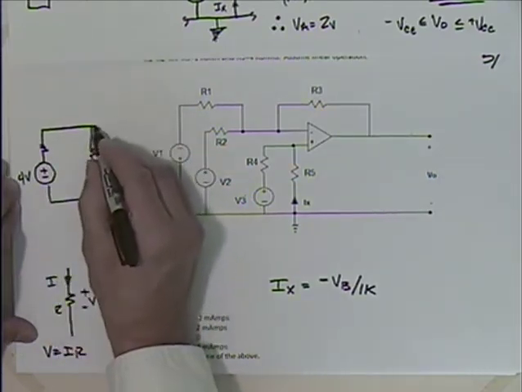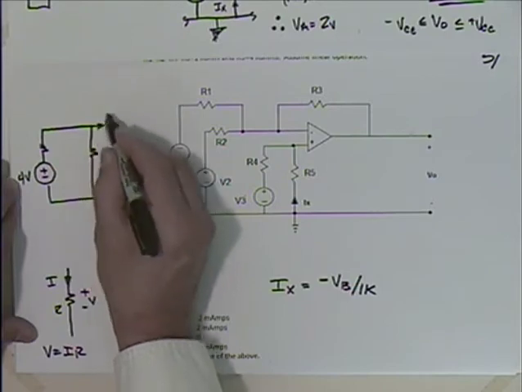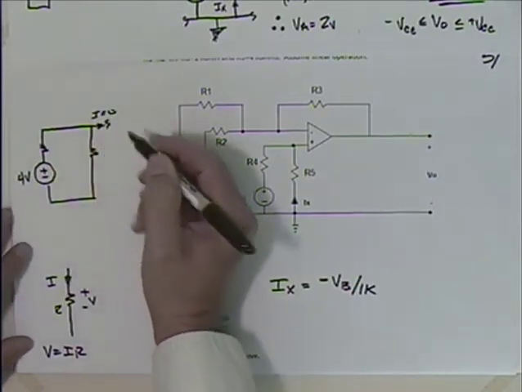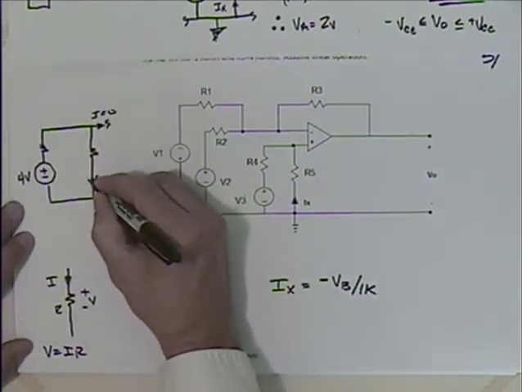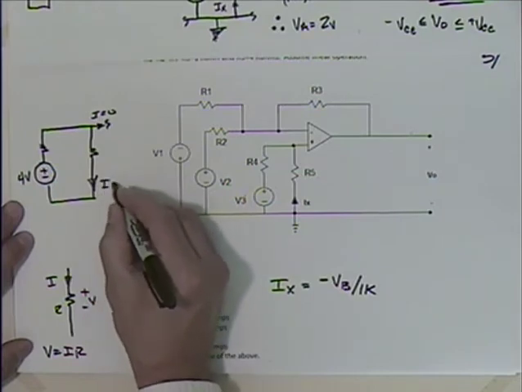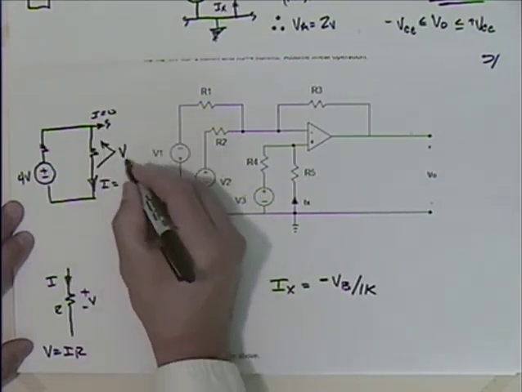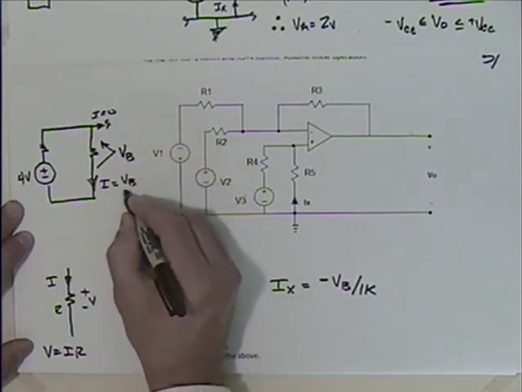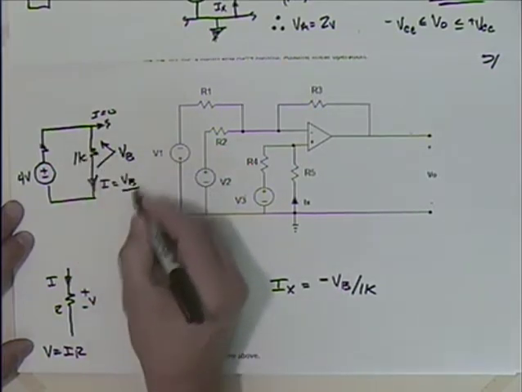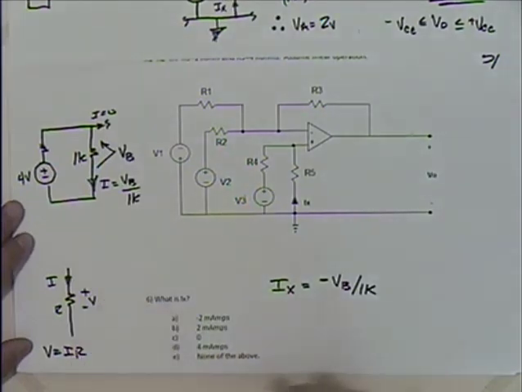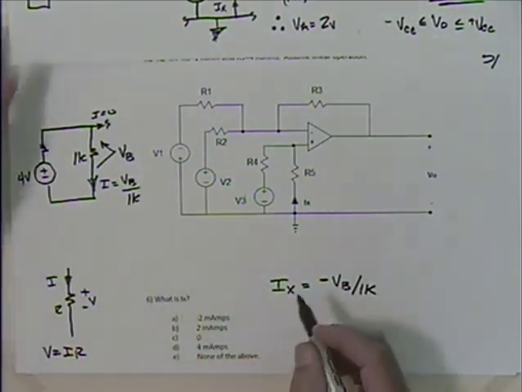Because this was equal to 0, we can say this. So if I wanted to figure out what this I was, what's that going to be equal to? Well, it's going to be simply equal to this voltage here, VB, divided by that 1K. And which direction is IX?